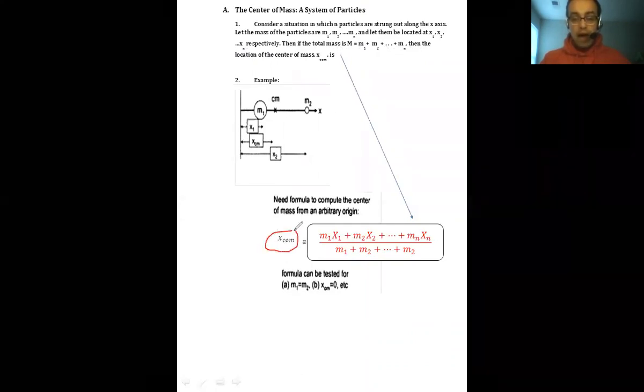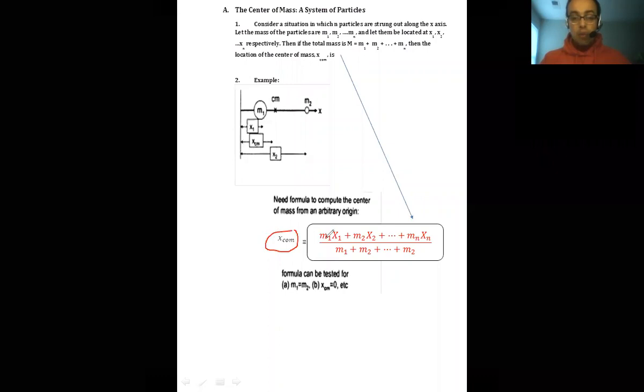X center of mass is equal to mass 1 times position 1 plus mass 2 times position 2 plus however many objects you have, all the way up to mass n times xn, divided by the sum of the masses of the individual particles. So if we have, again, mass 1 with a distance of x1, mass 2 with a distance of x2, the center of mass is going to be somewhere over here at this position x_cm.